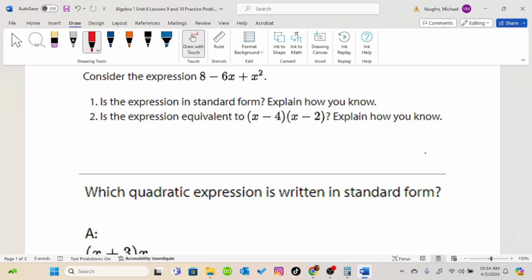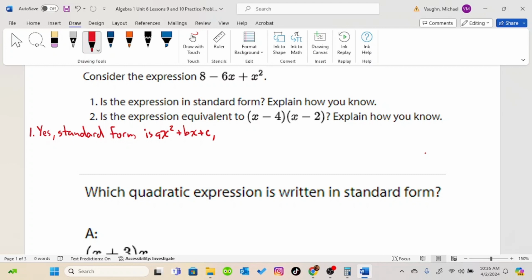Consider the expression 8 minus 6x plus x squared. Number 1. Is the expression in standard form? Explain how you know. Yes. Standard form is ax squared plus bx plus c.